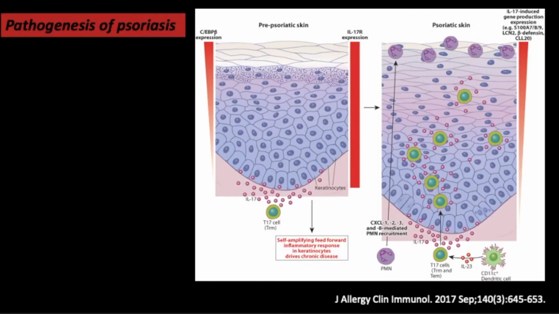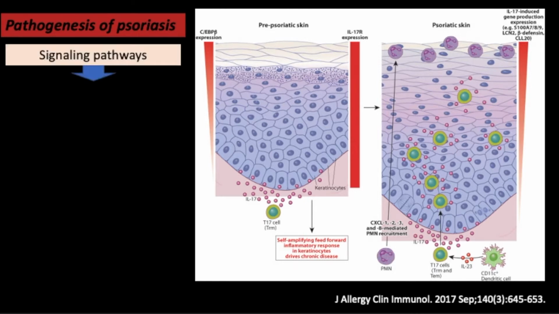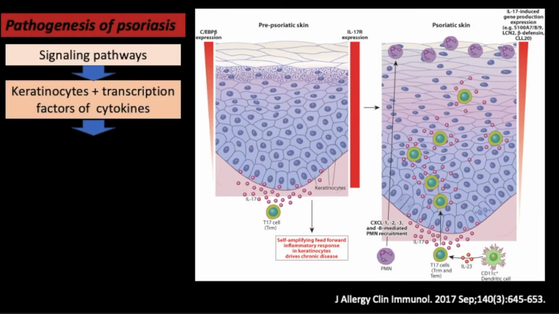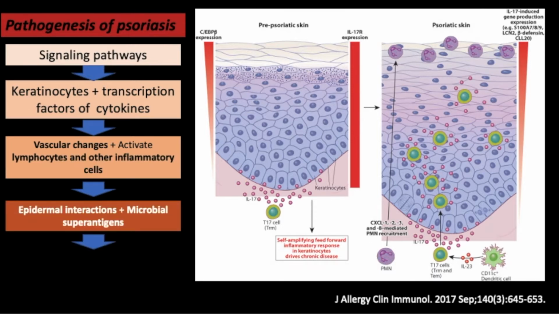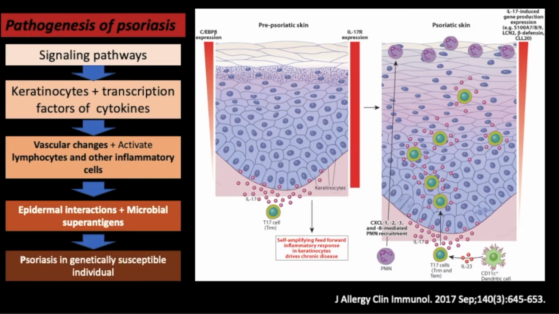There are multiple models to explain the psoriasis pathophysiology, but as a general idea, the initial event is a signaling pathway problem that affects the keratinocytes and the transcription factors of the cytokines, which will lead to stimulating the VEGF, vascular endothelial growth factor, and the EGF, epidermal growth factor, which will cause increased vascular proliferation and activating the lymphocytes and other inflammatory cells, which will lead to epidermal hyperplasia and activation of inflammatory cells and neutrophil attraction.